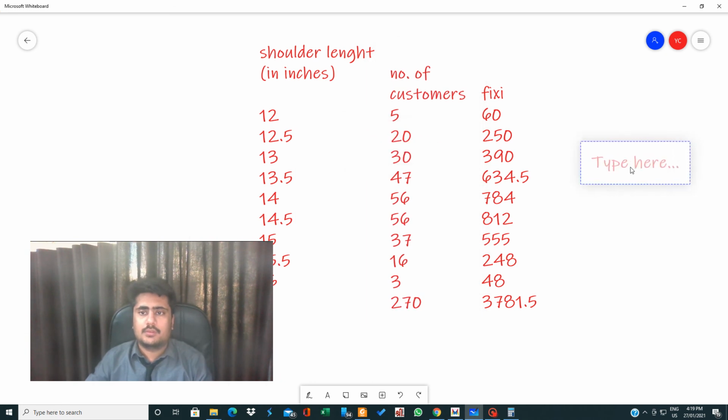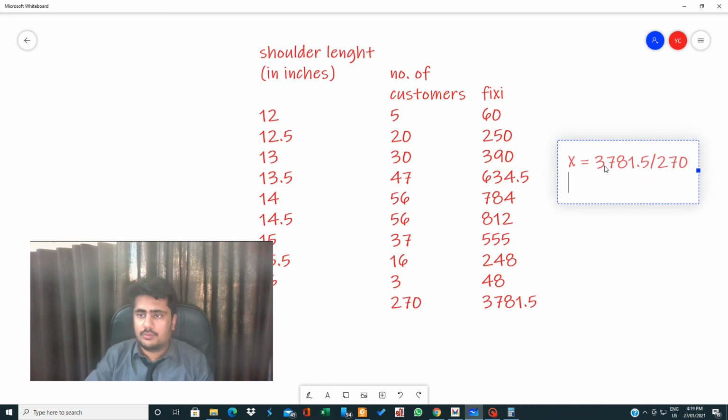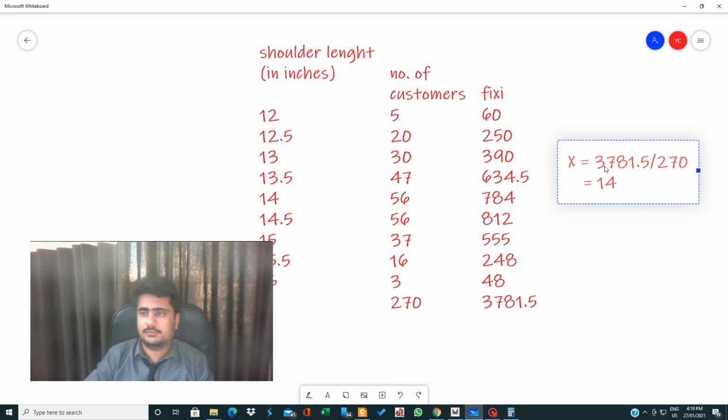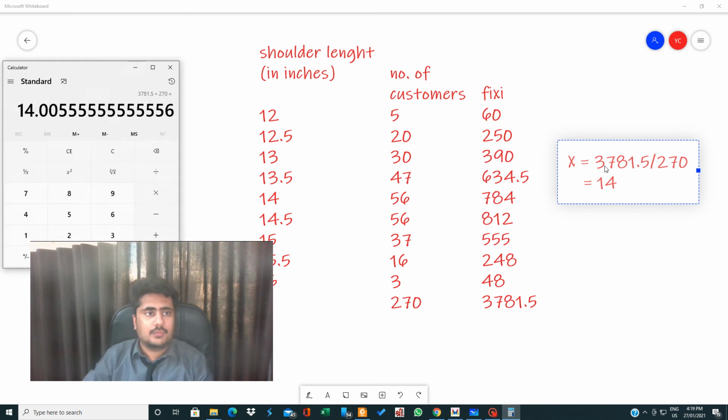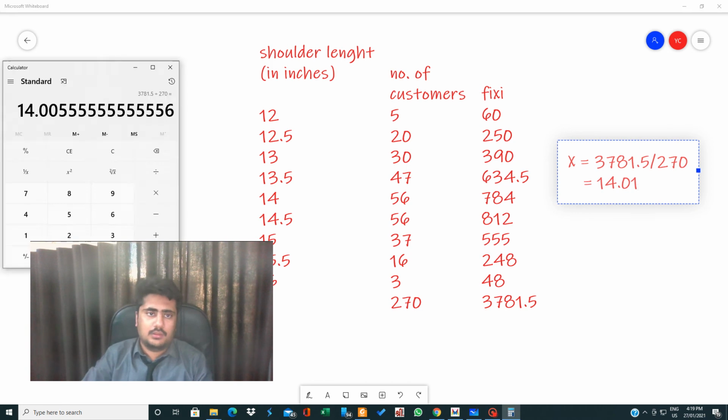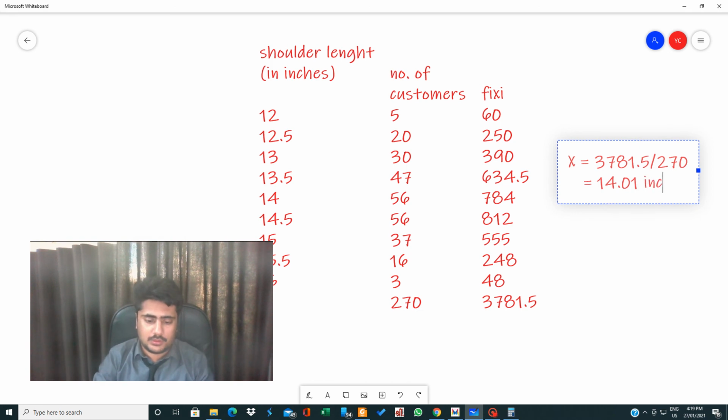So my mean, that is x bar, is 3781.5 upon 270, that is 14.01. Again, your answer will be in inches, so it is 14.01 inches. Now, this is your mean.